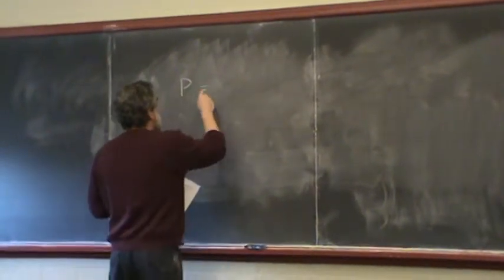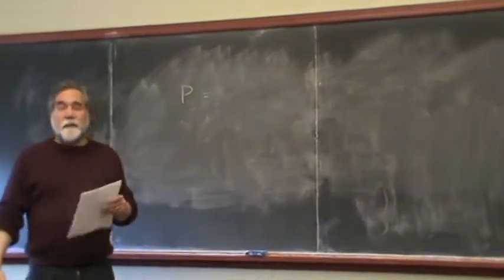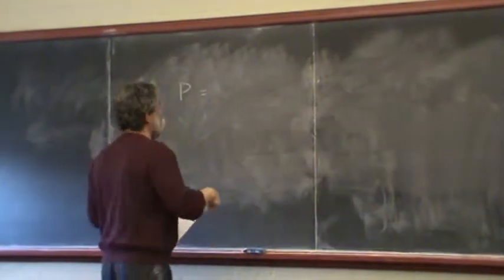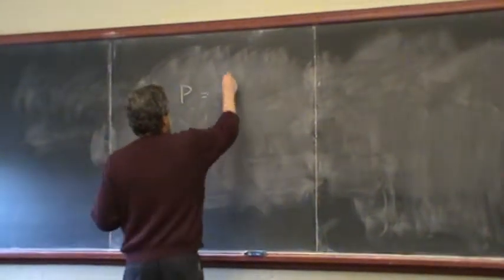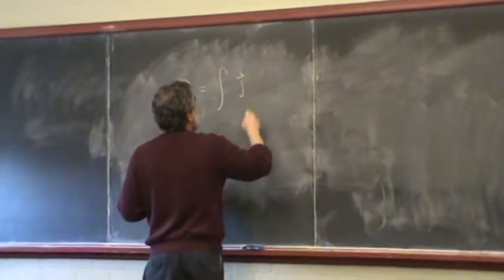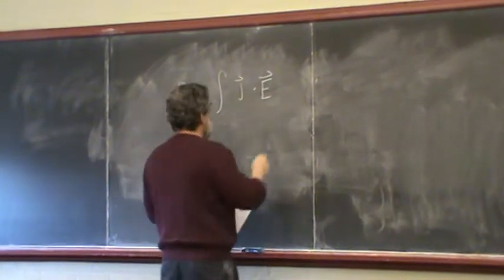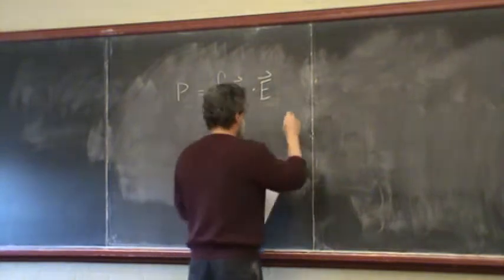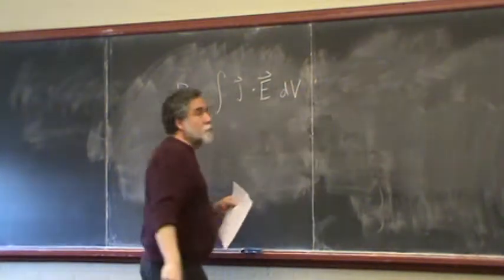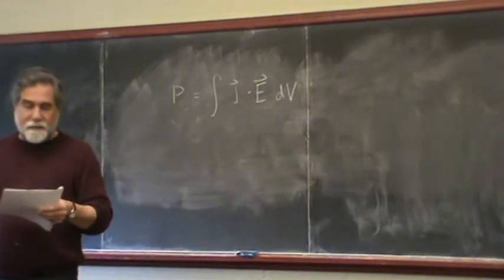So the power dissipated in some circuit, or stored in the circuit, is the current density along the field direction, integrated over the whole volume where the field and the current are present.